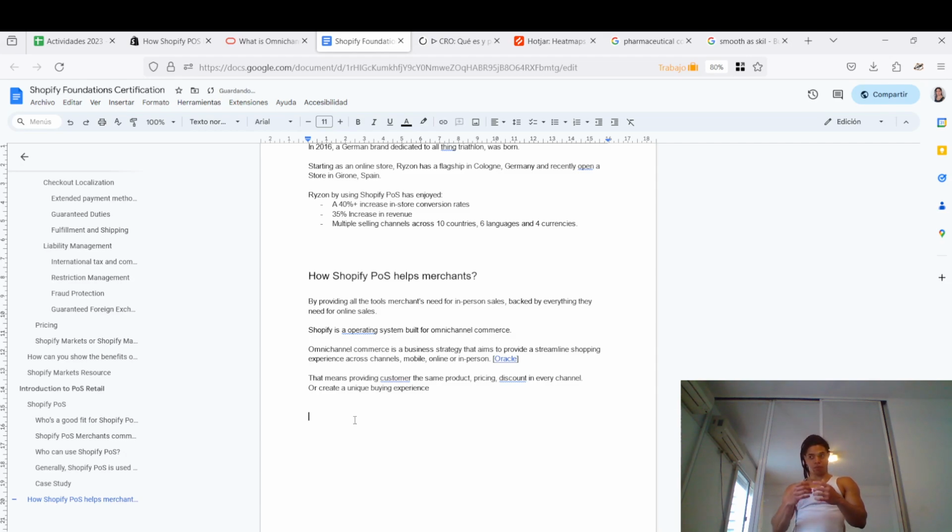That means providing customers with the same pricing, discount, and product in all channels, or it can be creating a unique buying experience per channel.